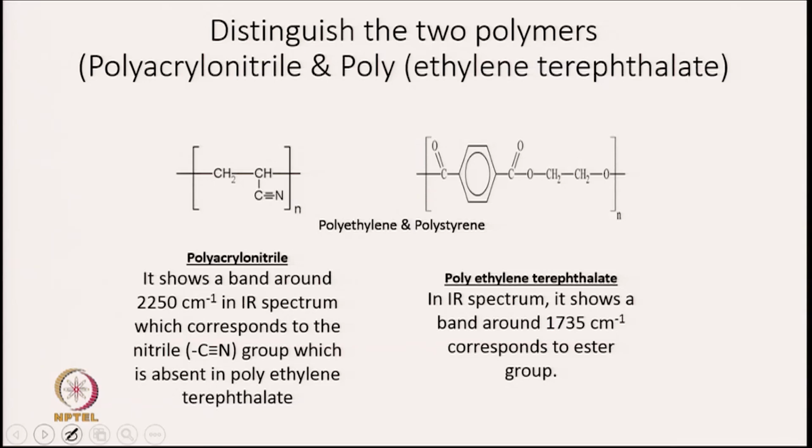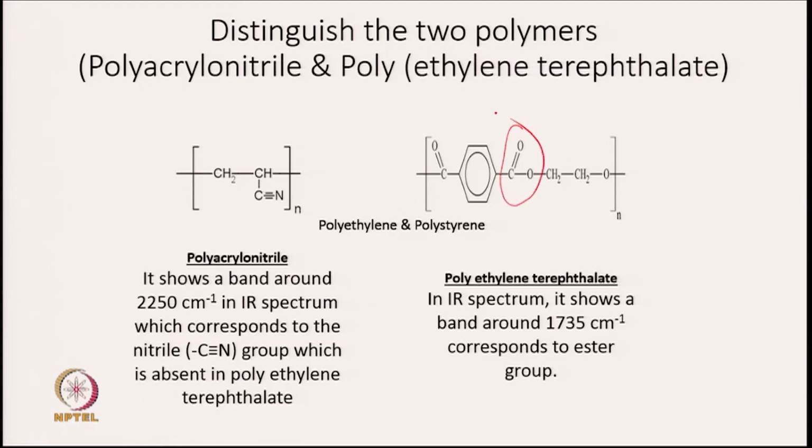In the first one, polyacrylonitrile, there is a nitrile group, and the nitrile group absorbs at 2250 centimeter inverse and gives a band around 2250 centimeter inverse in the IR spectrum if you have a polyacrylonitrile sample. The polyethylene terephthalate has an ester group.